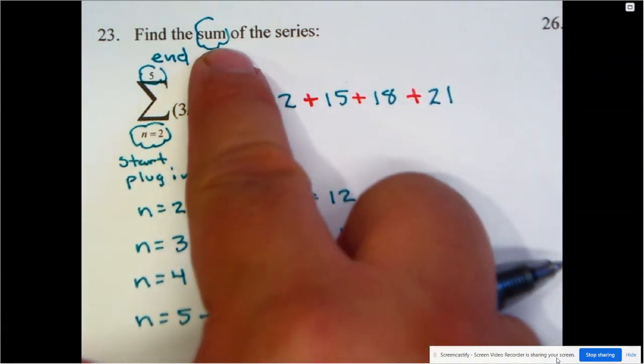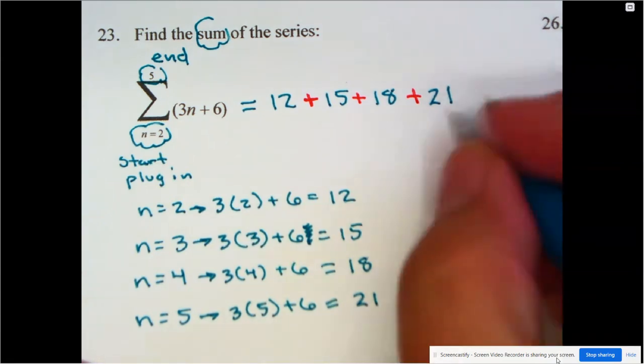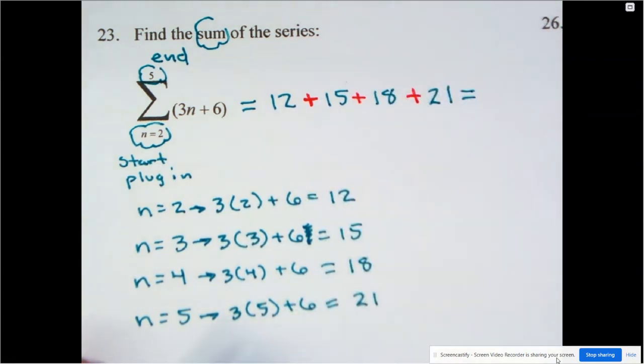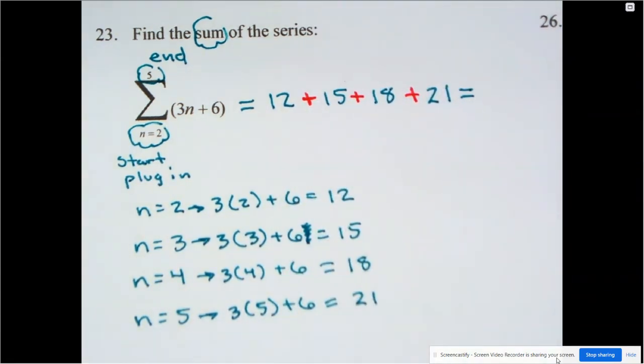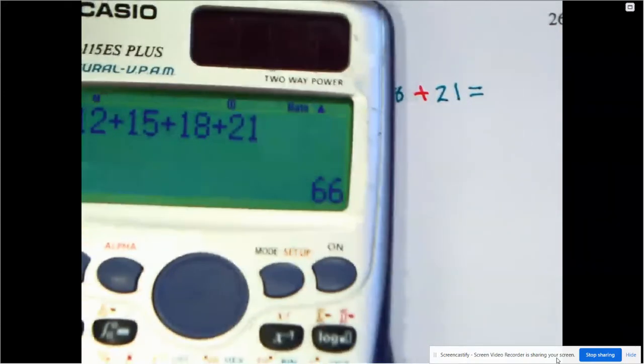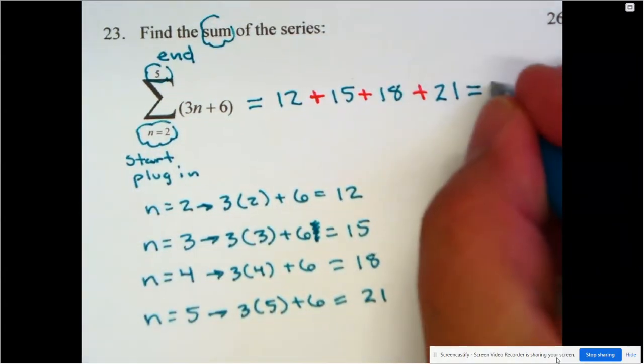They said a sum. All right, get that calculator going. All you have to do now is just add these up. So when I add on my calculator, the 12 plus 15 plus 18 plus 21. Look at that. There's the addition of all of them. 66 is my answer. That is the sum.